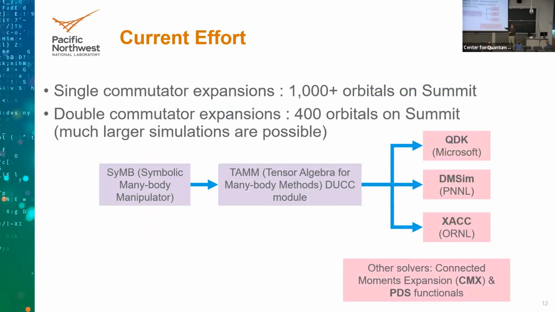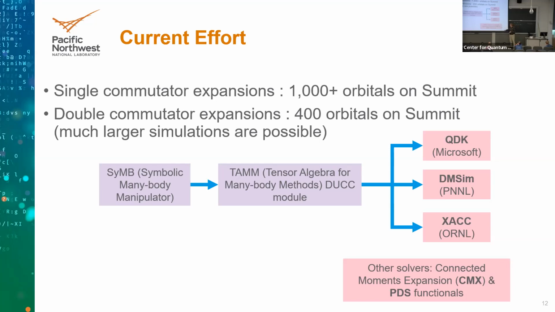So we are connecting the dots. We already have the symbolic manipulator working, and it has been integrated with the tensor algebra library. Currently we are working on integrating the whole framework with different quantum solvers: QDK from Microsoft, a density matrix simulator I will be talking about, and solvers provided by Oak Ridge.